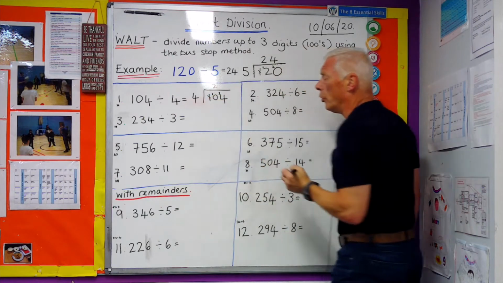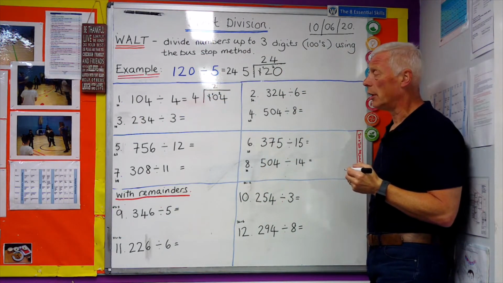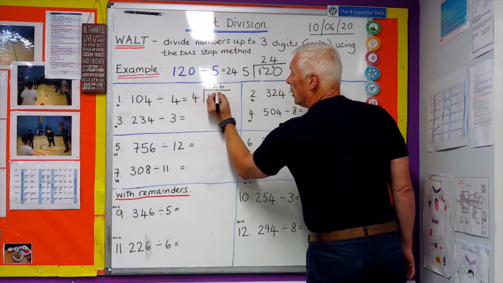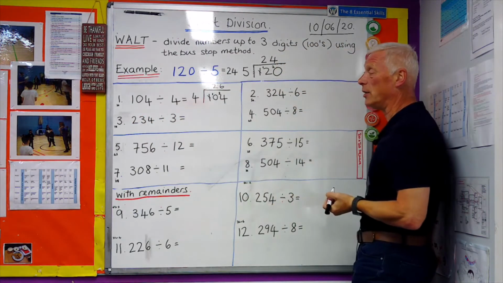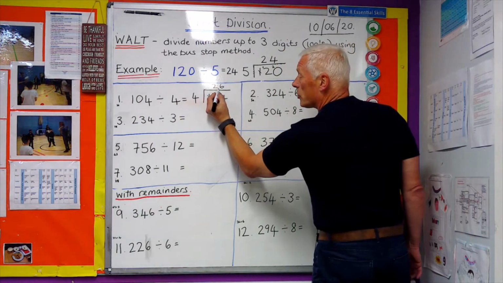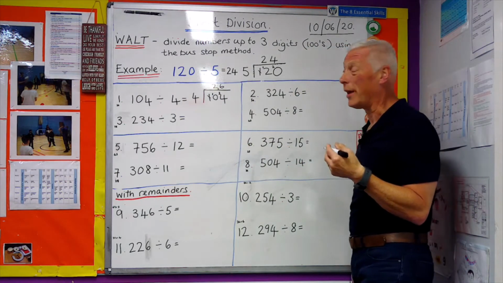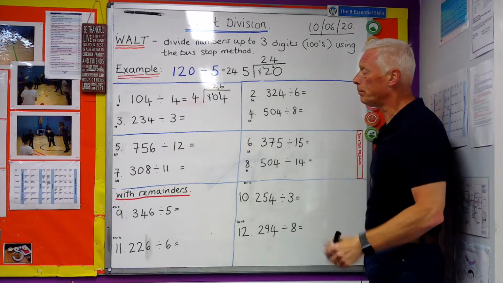Put that above the 4. Okay, how many 4s go into 24? And that answer would be 6. So the answer to the question 104 divided by 4 equals 26. So 4 will go into 104 26 times.